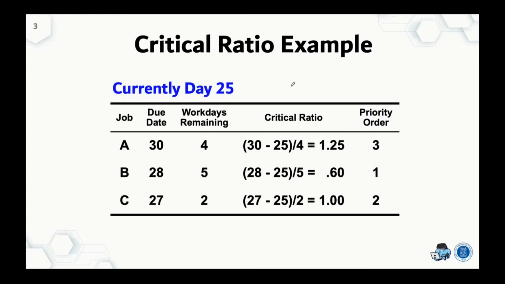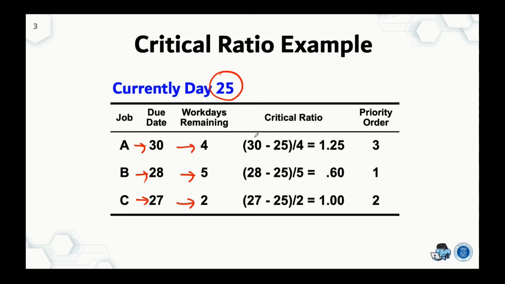Take a look at this simple example. Currently it is day 25. We have three jobs here: Job A, B, C with the due date A 30, due date B is 28, and due date C is 27. And work days remaining for completing these jobs are A is 4, B is 5, and C is 2. Then we can calculate the critical ratio.